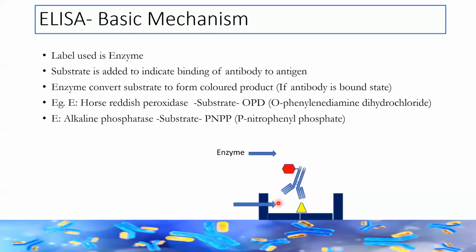The substrate reacts with the enzyme and converts into a product, and this product develops a color, also called chromogen. This colorful reaction indicates the test is positive. This is the basic mechanism of ELISA.